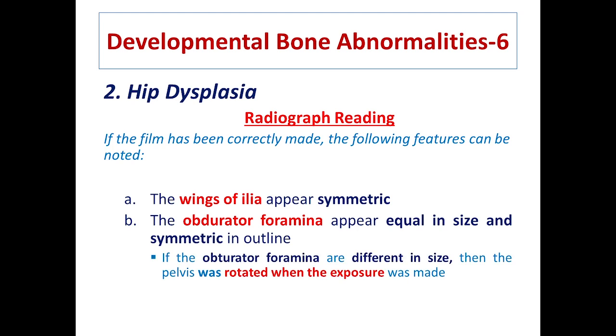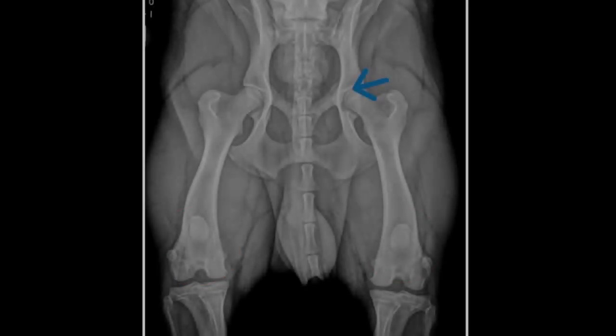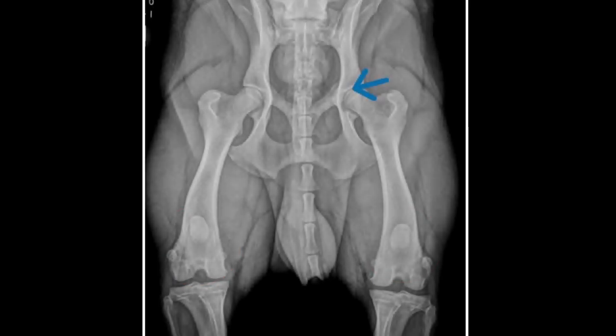If these are not equal in size, then the pelvis rotated during exposure, meaning the pelvis was not aligned. The patella should overlie the femoral trochlea. This is important because before evaluating hip dysplasia, all these signs of proper symmetry, alignment of joints and proper positioning of the animal are essential.